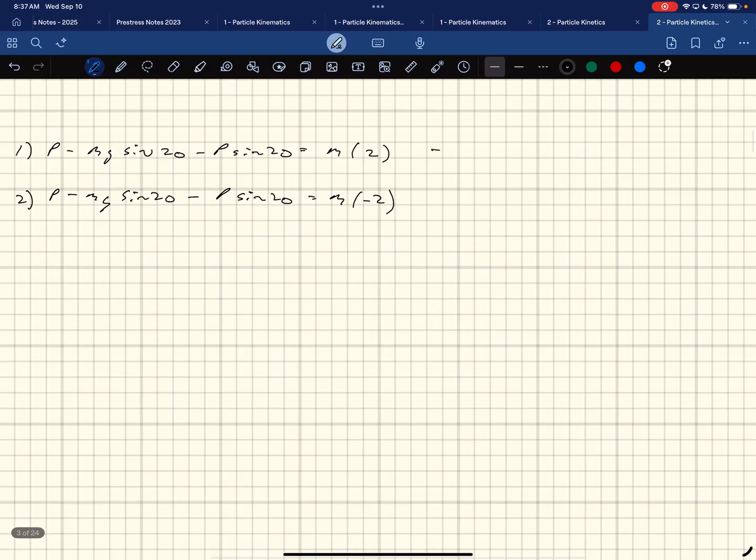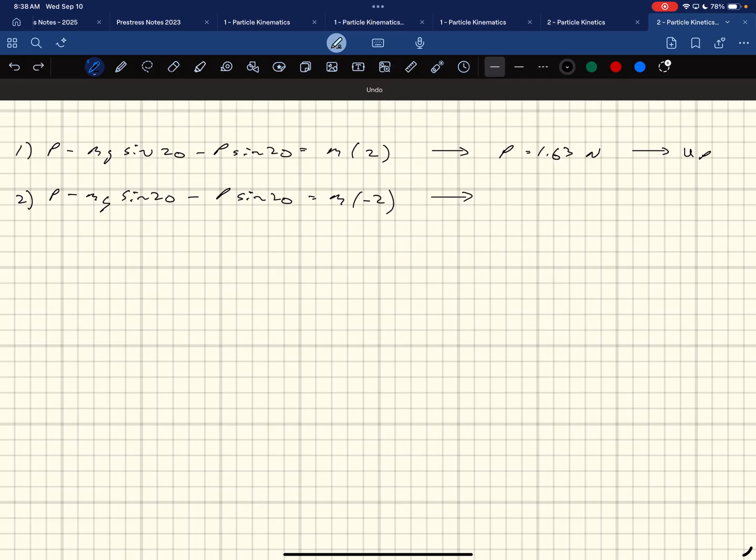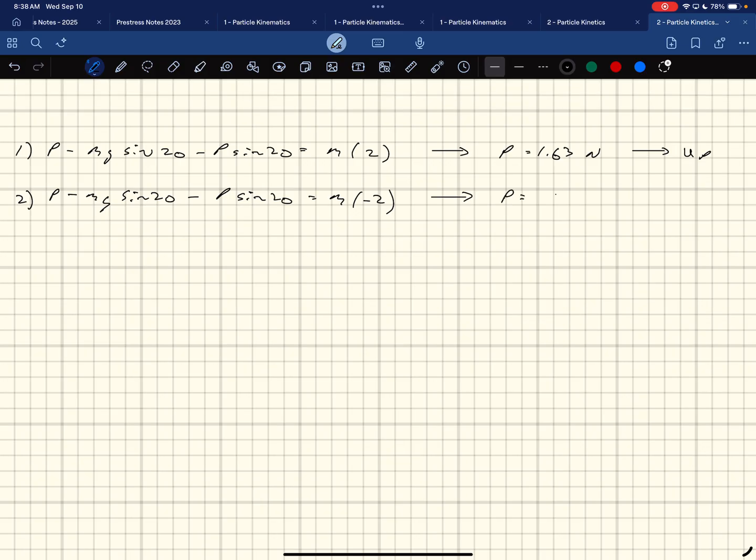If you plug in all the known values and solve for P, you get P equal to 1.63 newtons, and this would be going up. And then the other P, to keep it from going down at 2 meters per second squared, would be P equal to 0.412 newtons down.